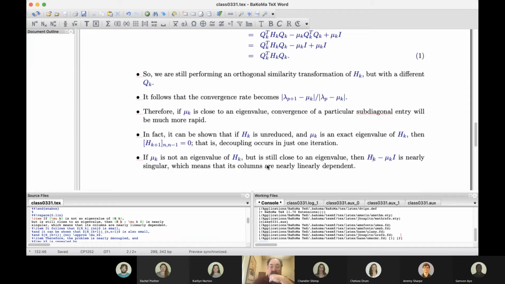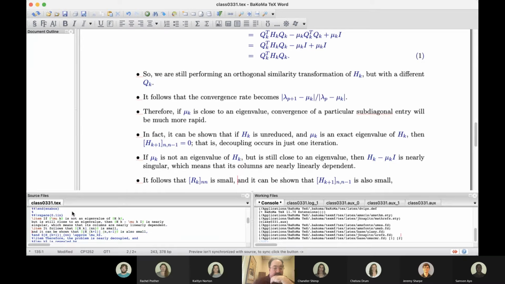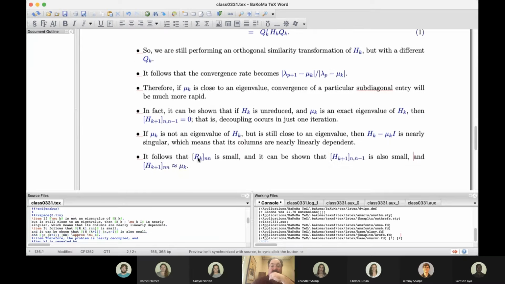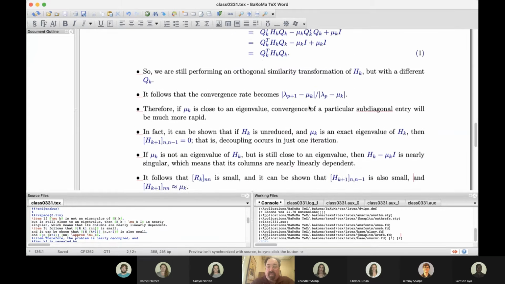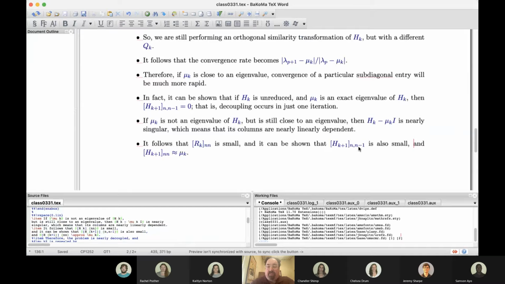So the columns turn out to be nearly linearly dependent. Why is that important? That means that the last diagonal entry of R k from a QR factorization will be small. And then that implies that when you carry out this transformation, the last subdiagonal entry will also be small, and therefore the last diagonal entry will be nearly equal to your shift.